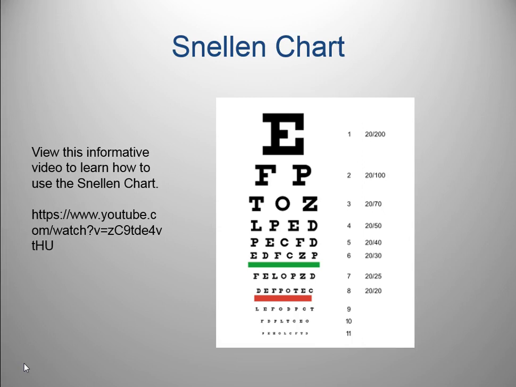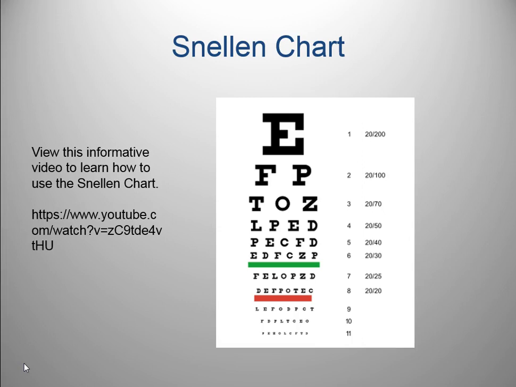Here's how you use a Snellen chart, and you can also view the PowerPoint link there, that little YouTube link. You can take a look at that and it will help you understand how to use a Snellen chart. Pretty much it's as basic as you think. You would want your patient to stand 20 feet back from the Snellen chart, cover the right eye and read down as far as they can, then have them cover the left eye and read down as far as they can.